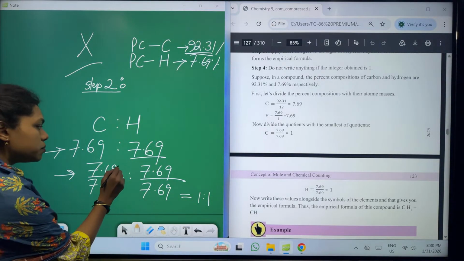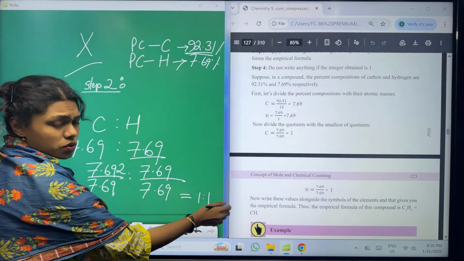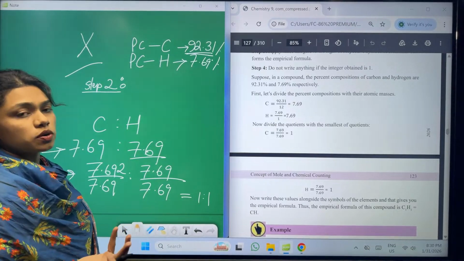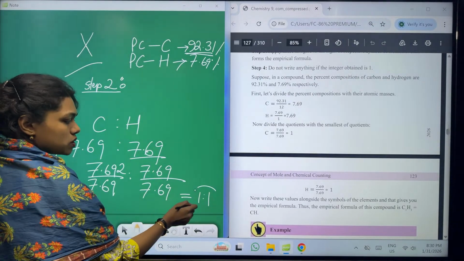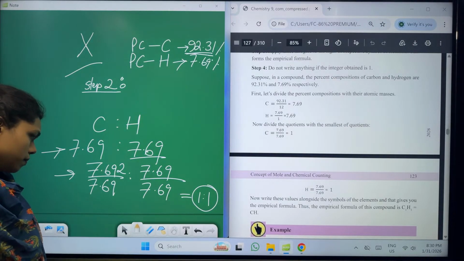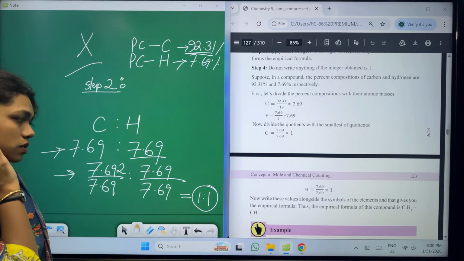Or I could keep the 2; this would have been 1.0000 something, and I could ignore that. I'm always going to approximate. So, my ratio is 1:1.